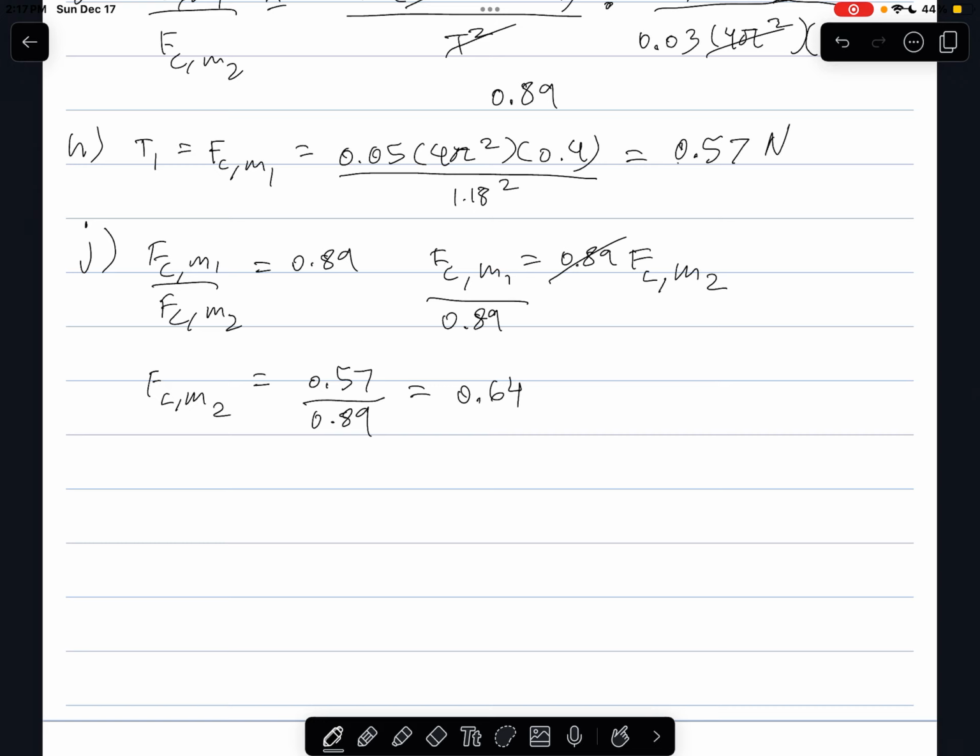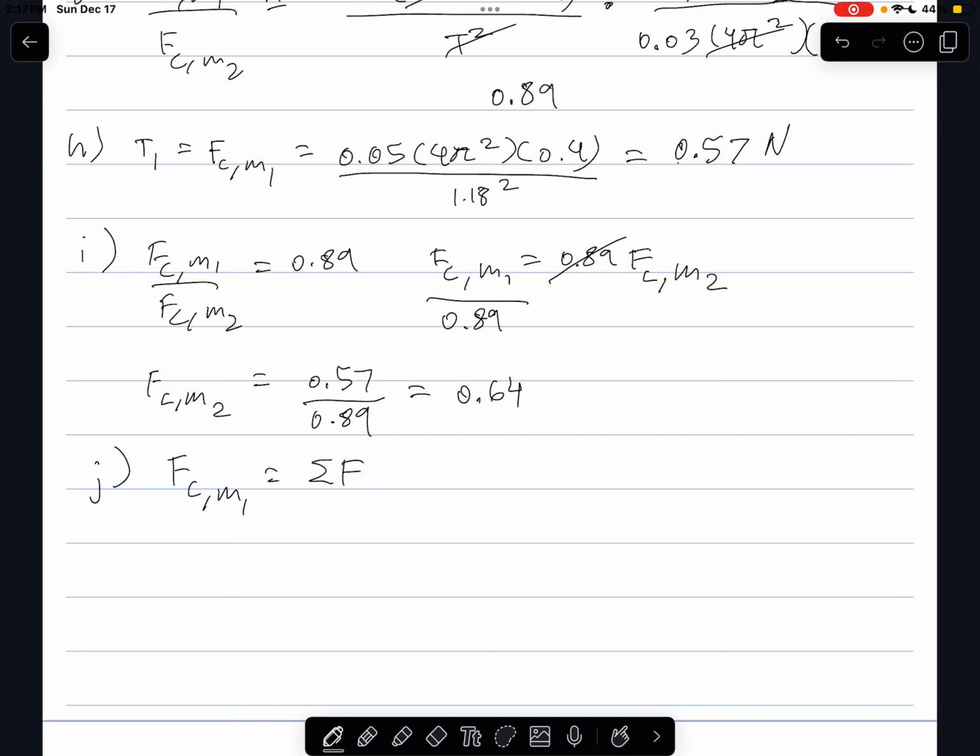And then for part J, the magnitude of the net force acting on the inner block M1 is basically just the FC of M1.